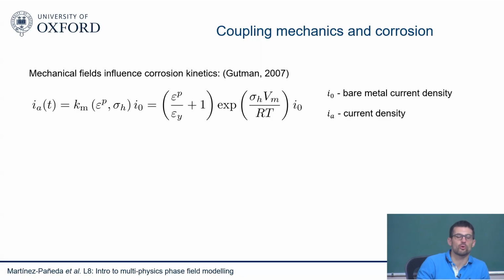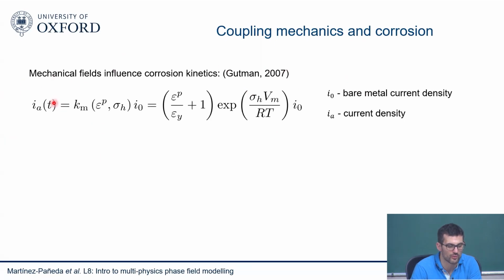But the idea is that corrosion kinetics are enhanced due to mechanical fields. And this is something that people have observed for a long time. And Gutman, in his book in 2007, he wrote a book on mechanochemistry. He speaks on how, based on thermodynamics, the way these things change is by this.